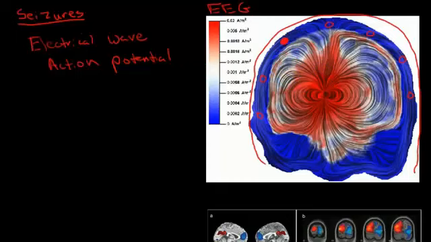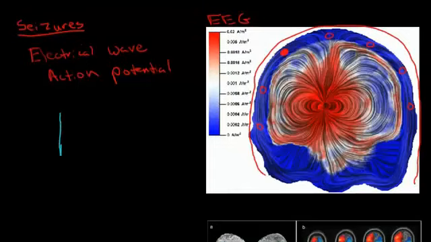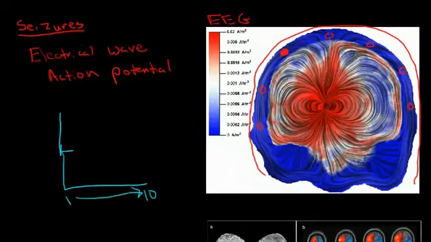I wanted to start here with a clean slate. So here I'm going to draw a typical EEG. Let's say we're going from 1 second to 10 seconds in time, and we've got our positive deflections and our negative deflections. And we've got a waveform that looks something like that. That's a relatively normal waveform, and we're still looking at this electrode right here. Now, why is there this relatively rhythmic waveform?